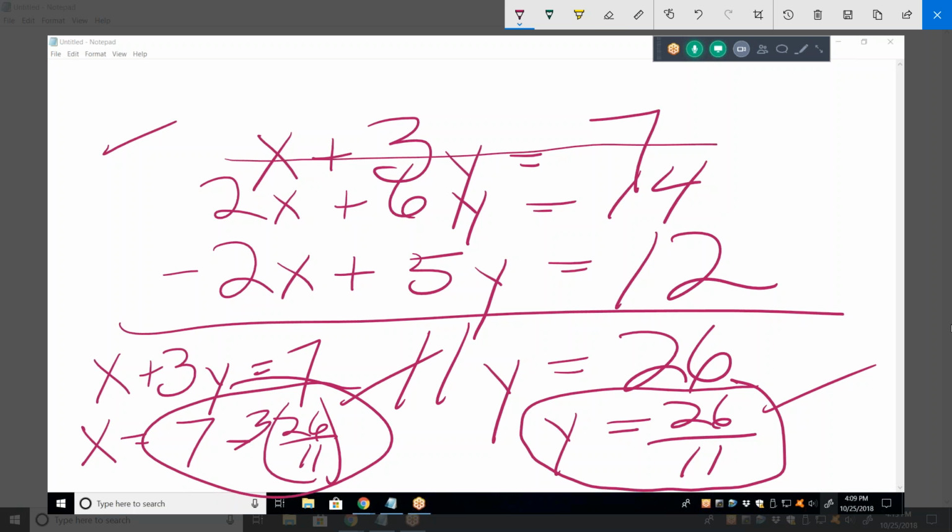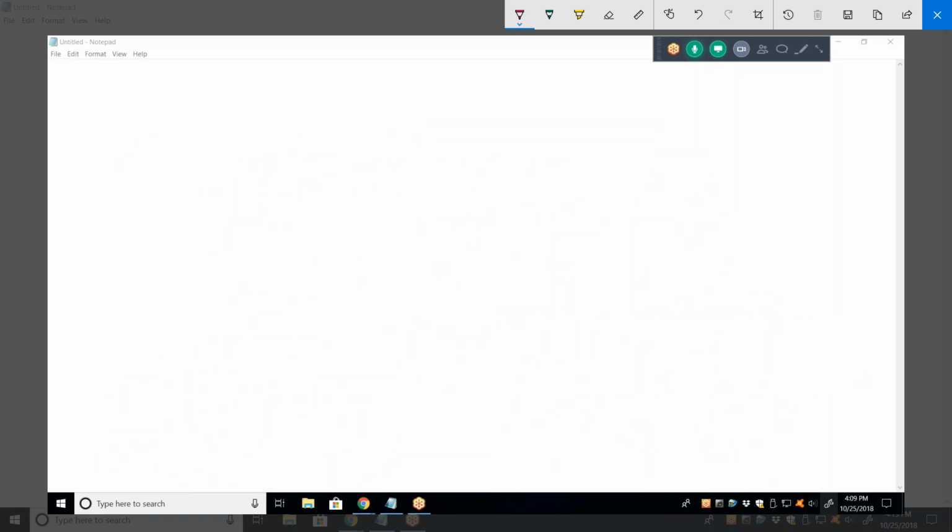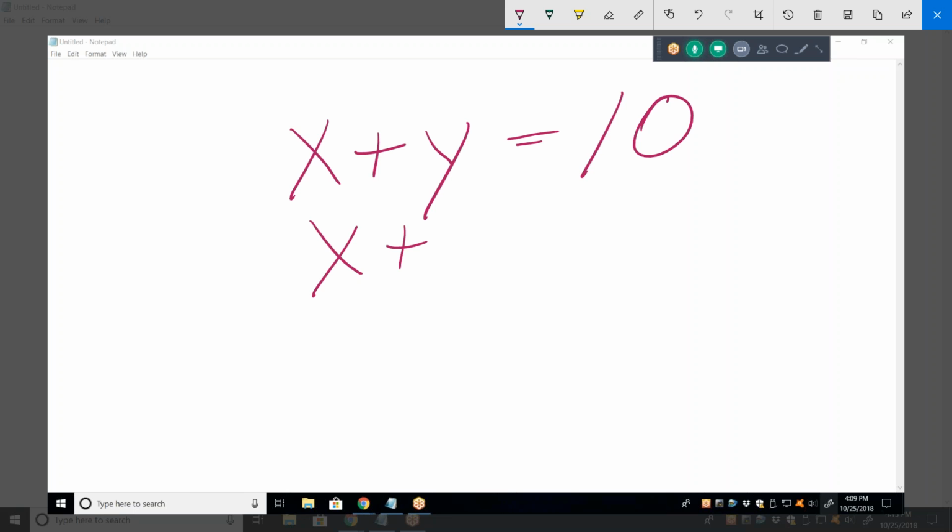So I personally prefer elimination. It's the far easier method. Now, occasionally you get some strange things. What if I give you this? You have to realize that not all systems of equations give you a solution. What if I gave you these two equations? It's in standard format.